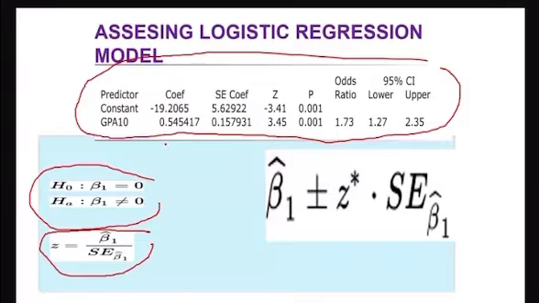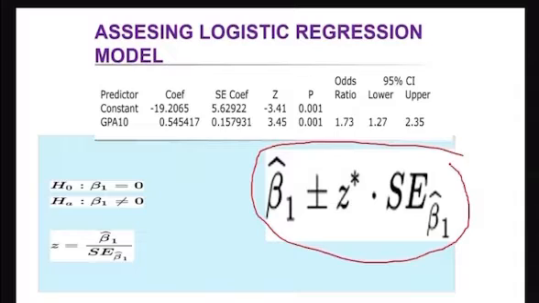We're also going to do the same here, but it's not going to be T, it's going to be Z, because in statistics we have a T distribution and a Z distribution. And we can also talk about the confidence interval too.